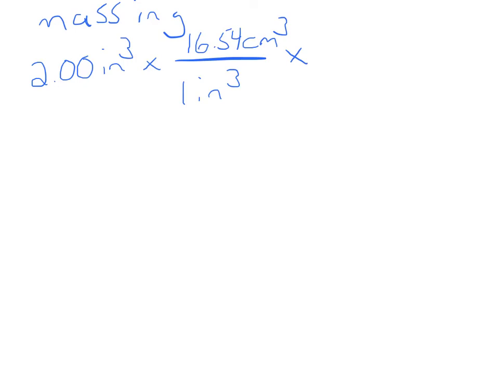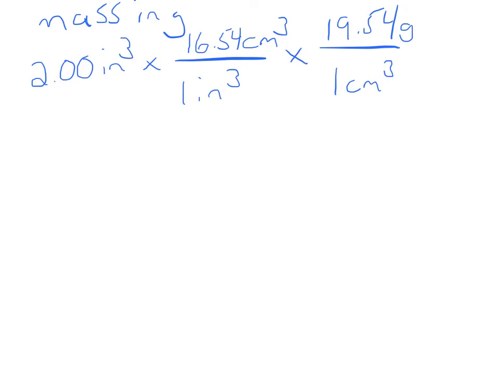Now we're trying to get to grams, and we need to convert centimeters cubed, which we're left with, to grams. So we can use our other conversion factor, the density for gold, which tells us that in 1 centimeter cubed, there is 19.3 grams.